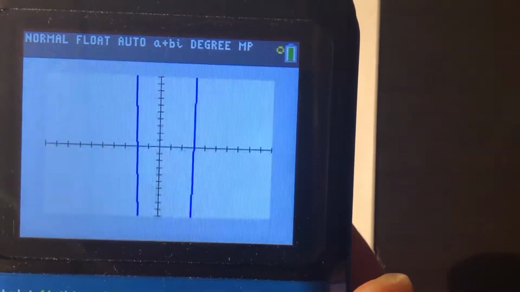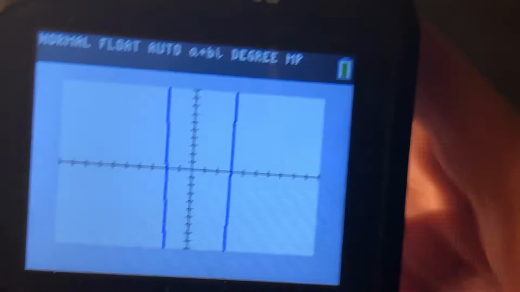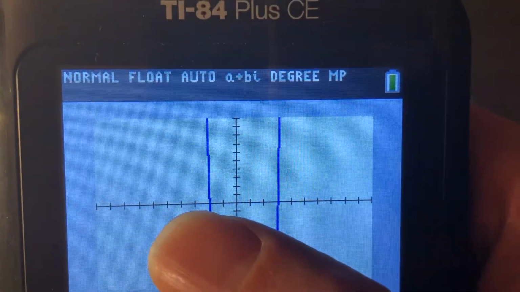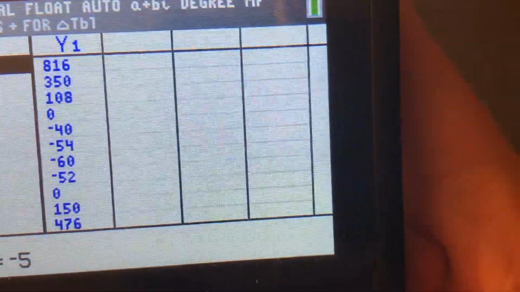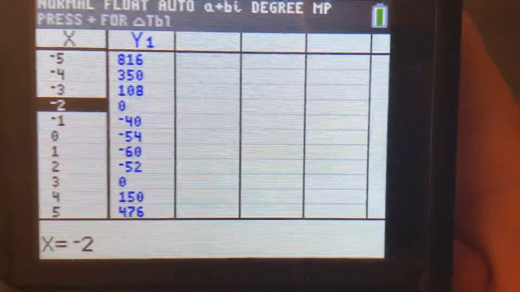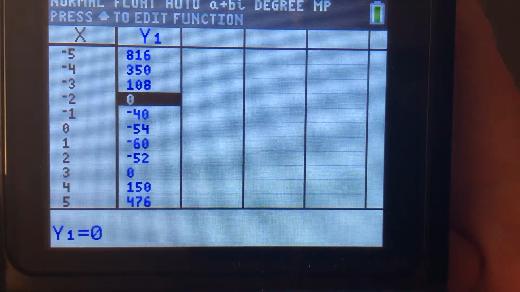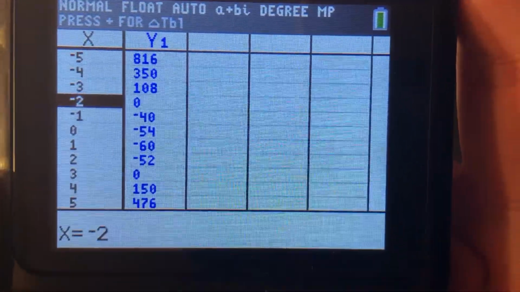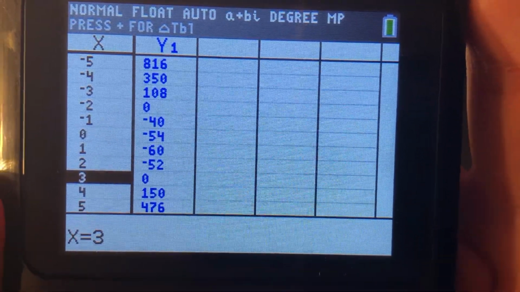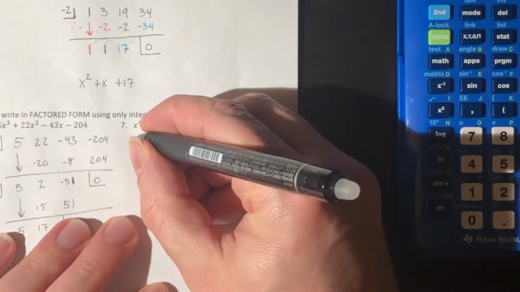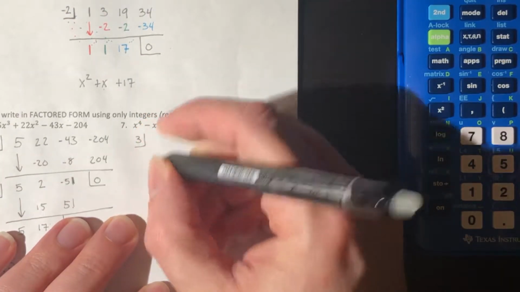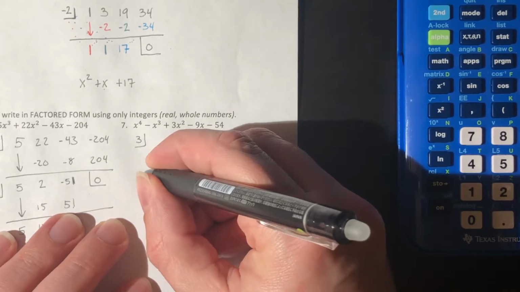So this graph once again, I have two places where it crosses, and both those places are at rational numbers. So I have zeros of 3 and of -2. So once again, you're going to need to do synthetic division 2 times. It doesn't matter the order you do them in. You just got to make sure you do both of them.